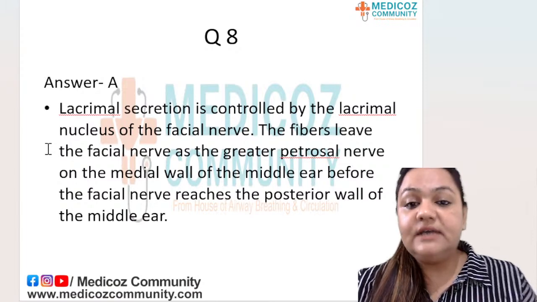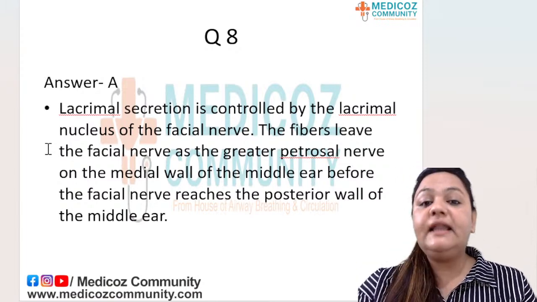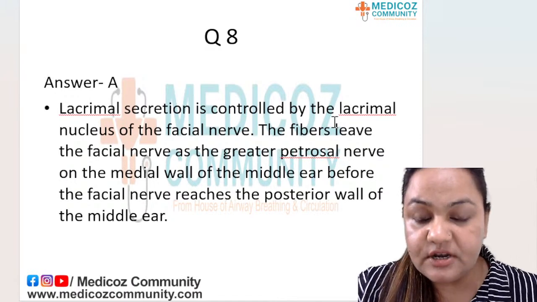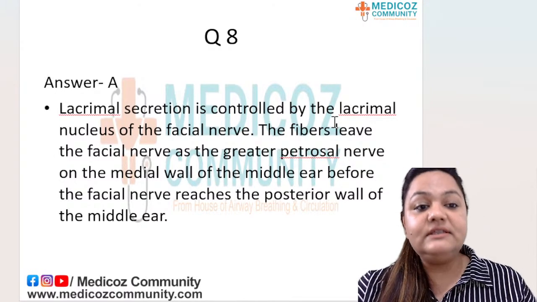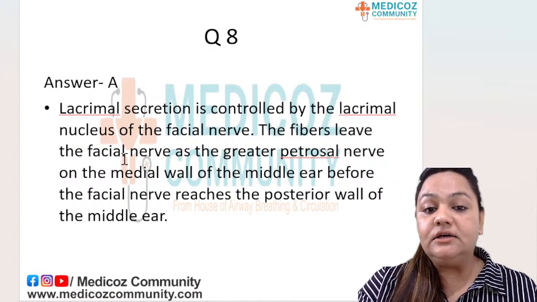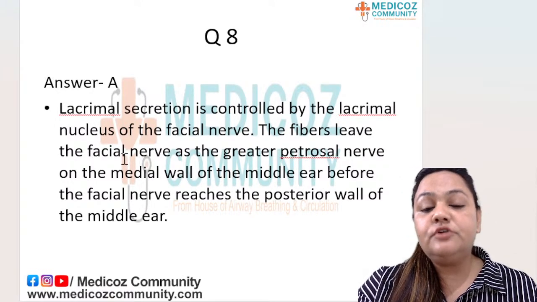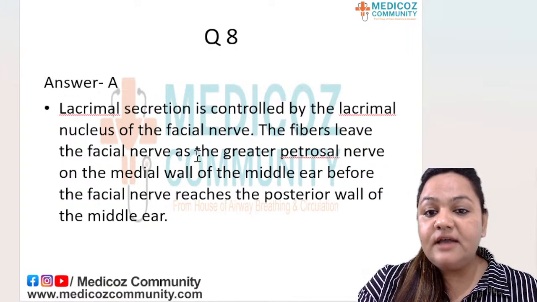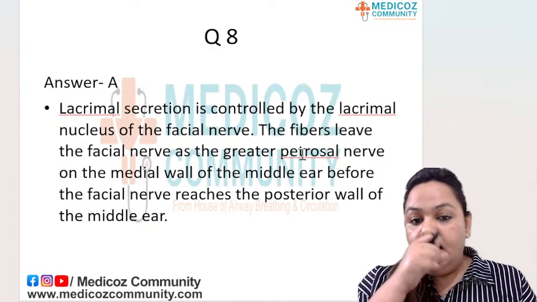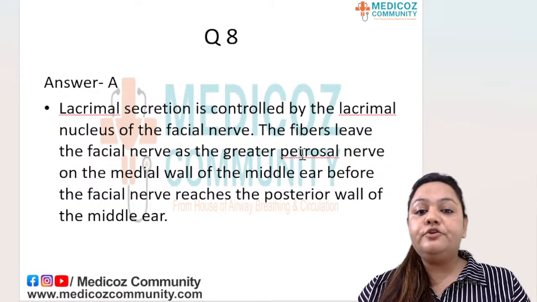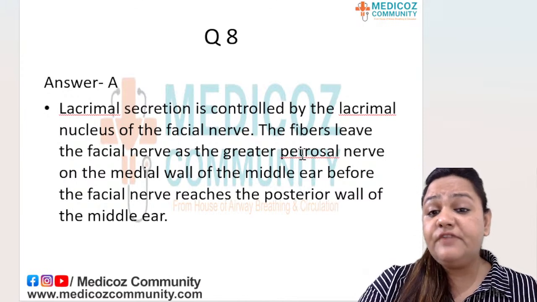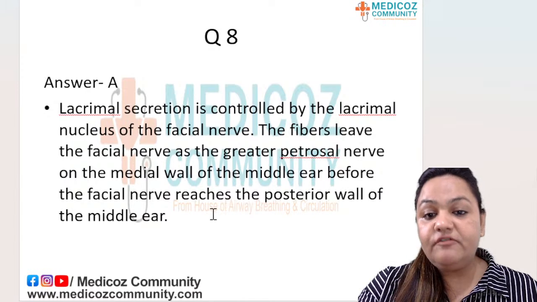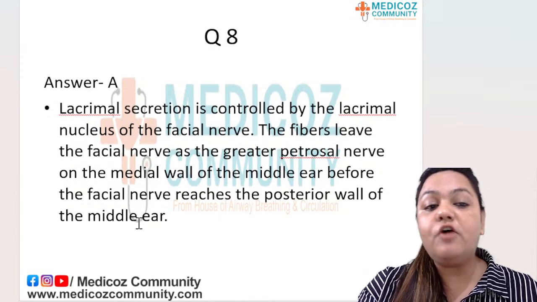The lacrimal gland is controlled by the lacrimal nucleus of the facial nerve, and the fibers supply the lacrimal gland via the facial nerve in the form of the greater petrosal nerve, which gives a branch on the medial wall of the middle ear, before the facial nerve reaches the posterior wall of the middle ear.